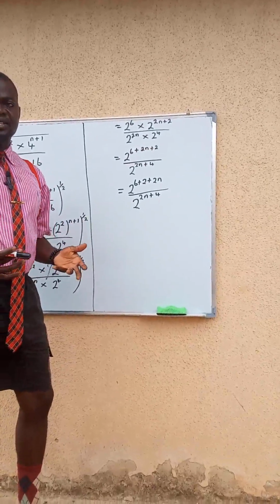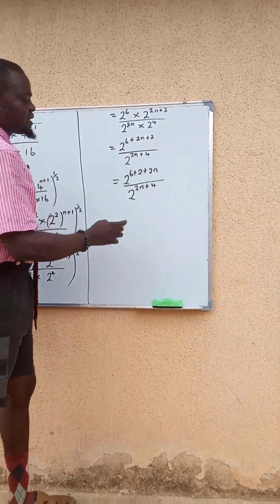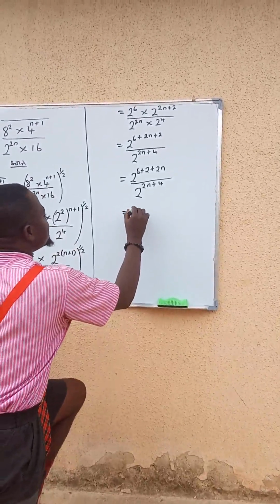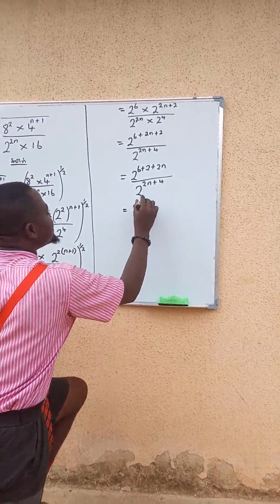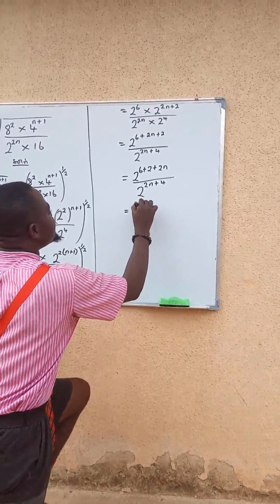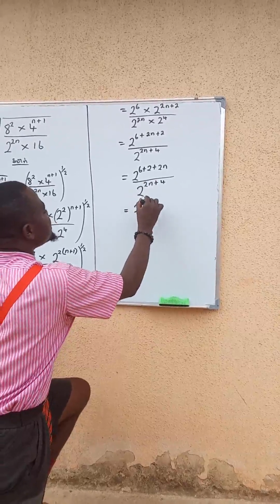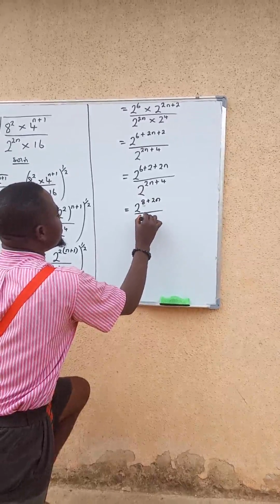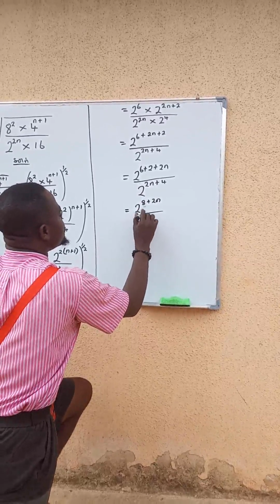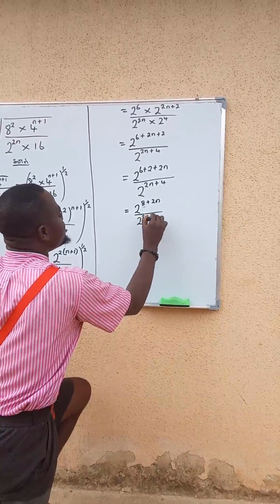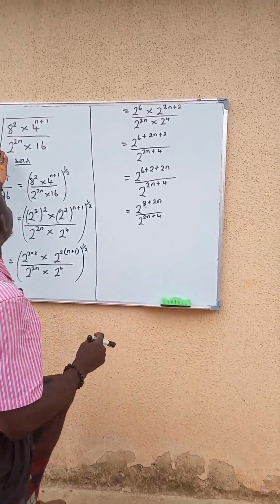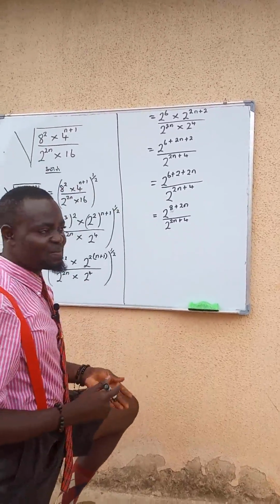So I collected like terms and put it in this way. So this can now give me what? 2 raised to the power of 6 plus 2 is 8, plus 2n over 2n plus 4. You can see that the question you were thinking is too high is simple.